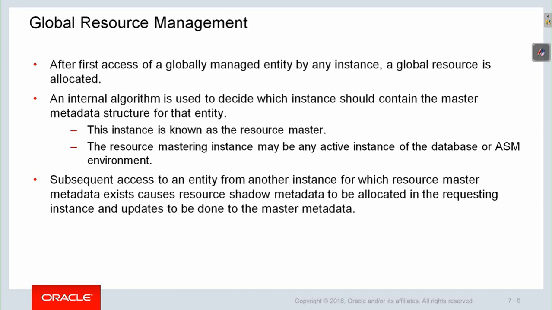If instance 2 requests the same resource, but the requested metadata and resource are owned by instance 1, then instance 2, the requesting instance, always asks the master instance to update the metadata. The master instance will then copy the metadata as shadow metadata, so that way instance 2 can take action.